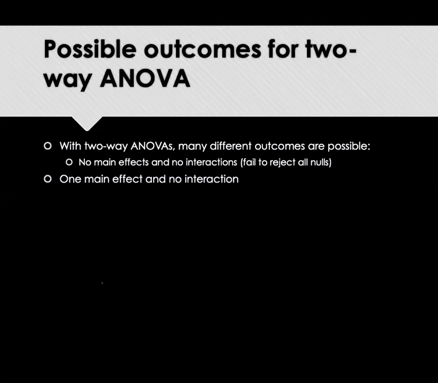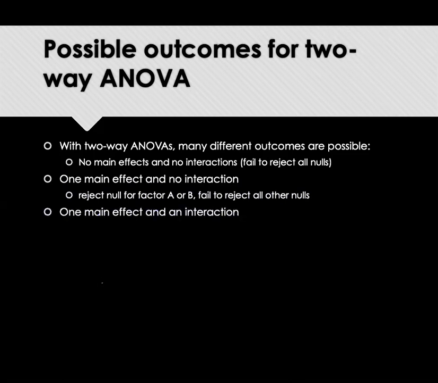Another possibility, one main effect and no interaction. So you might reject the null for factors A or B and fail to reject all the other null hypotheses.